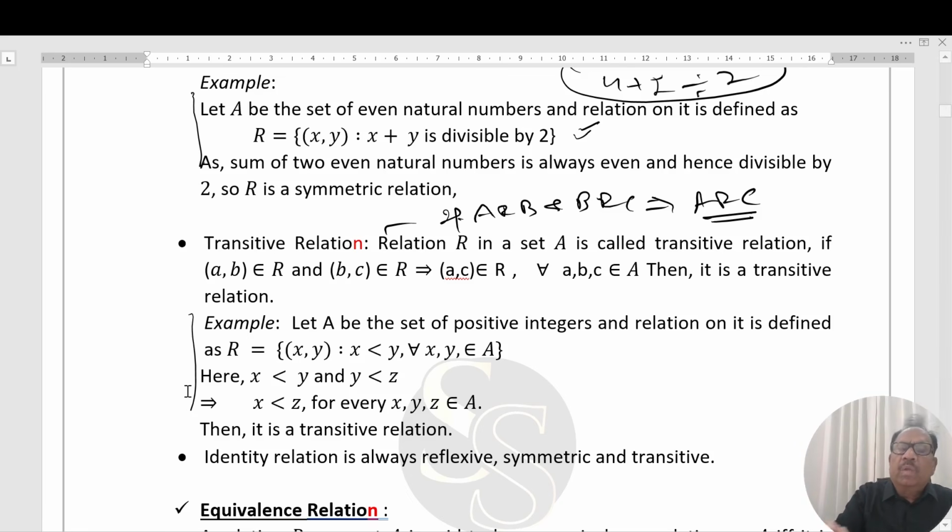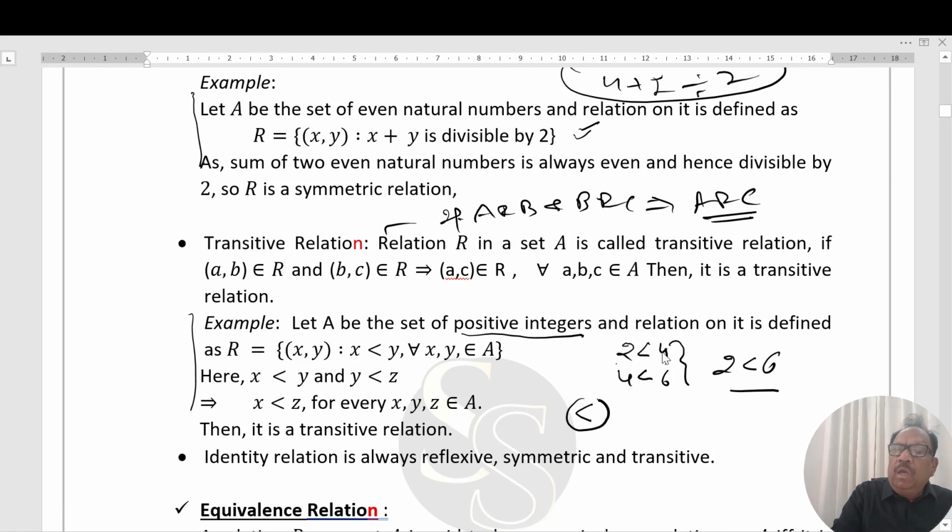Example: let us take the set of positive integers, with the relation is less than. In this case, 2 is less than 4, 4 is less than 6, then 2 is less than 6. Relation is less than, right? So these are positive integers.